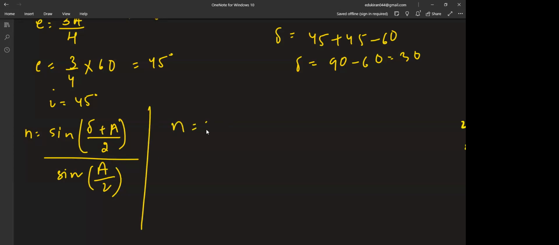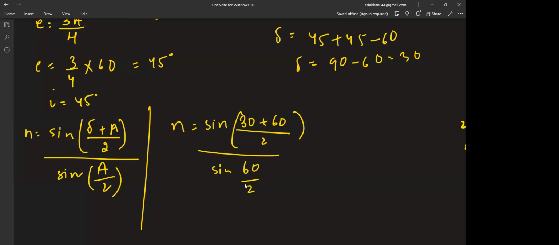So N is equal to sine. Delta we have calculated as 30 degrees. A, since it's an equilateral prism, we will be directly using the term 60 degree divided by 2. Then you have sine, again angle of prism 60 degree divided by 2. So N is finally equal to, see, 60 plus 30, this is 90, 90 by 2 is 45.